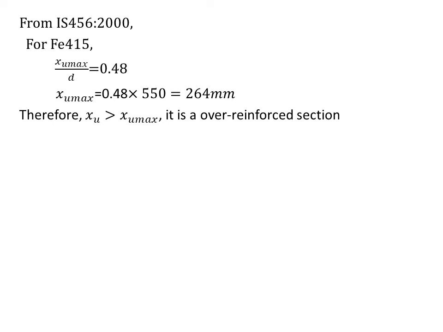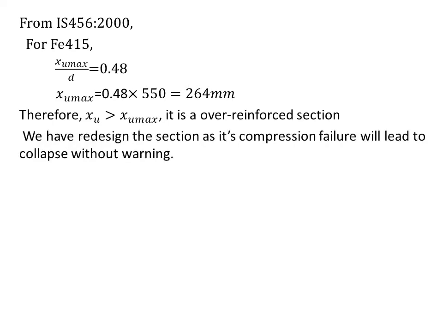The moment of resistance is equal to the maximum moment of resistance when Mu equals Mu limit, in the case of a balanced section. We have to redesign the section, as the compression failure, which is what leads to this collapse, will happen without warning.